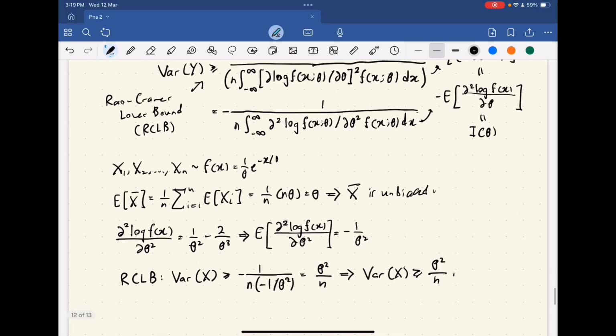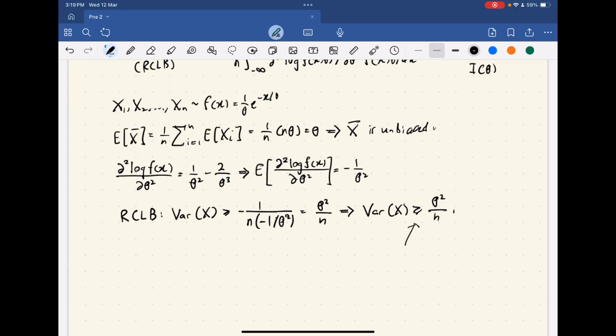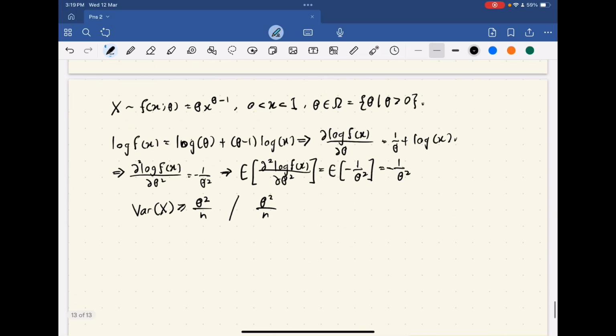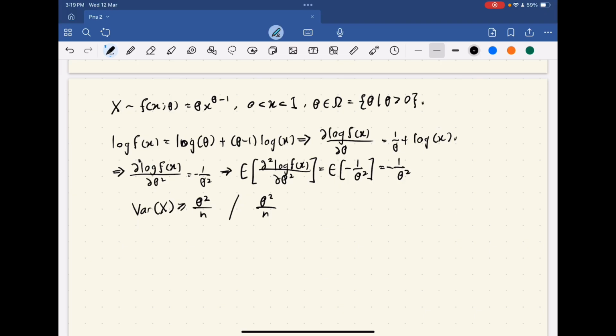As you can see, this is just the same as what we've been doing. So this is the Rao-Cramer lower bound. Any variance of an estimator of theta would be greater than or equal to theta squared over n.